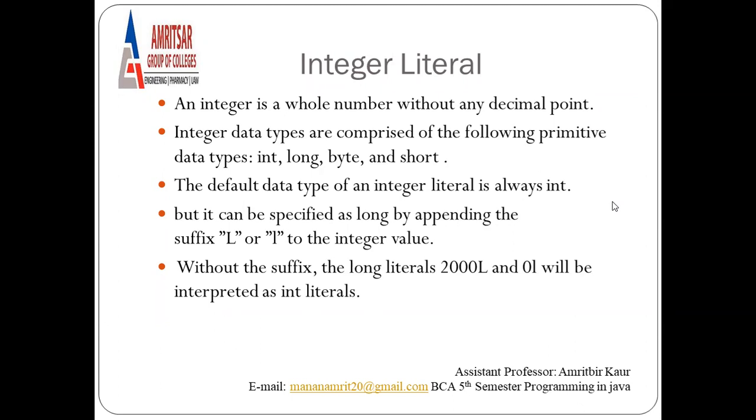We will learn about these data types in our topic on data types, including the difference between int, long, byte, and short. So an integer literal can be stored as four data types: int, long, byte, and short.